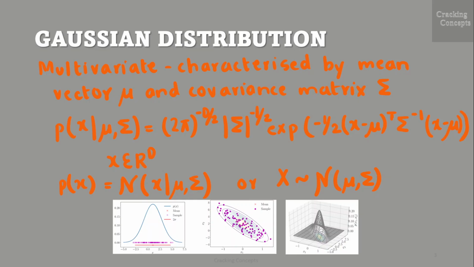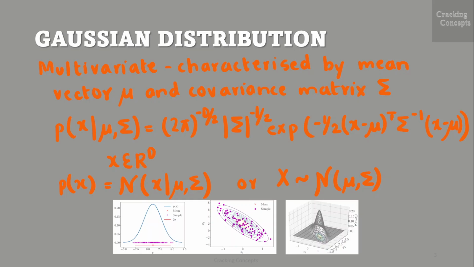The multivariate Gaussian distribution is fully characterized by a mean vector and a covariance matrix, which are mu and sigma respectively, and defined as p(x | mu, sigma), which is (2 pi) the whole raised to minus d by 2, mod of sigma the whole raised to minus 1 by 2, exponential of minus half (x minus mu) the whole transpose, sigma inverse (x minus mu), where x belongs to the d dimension space.